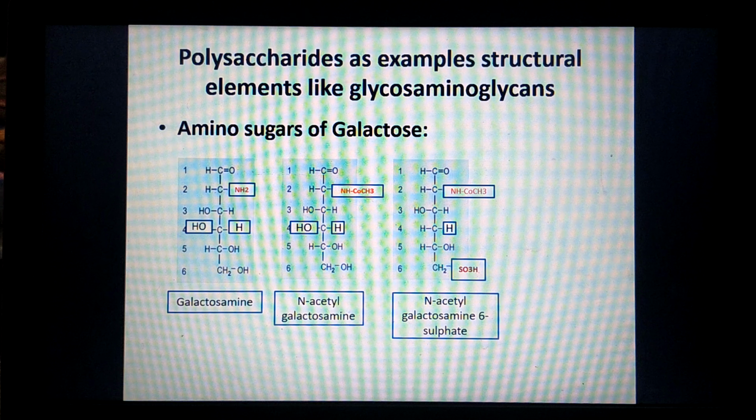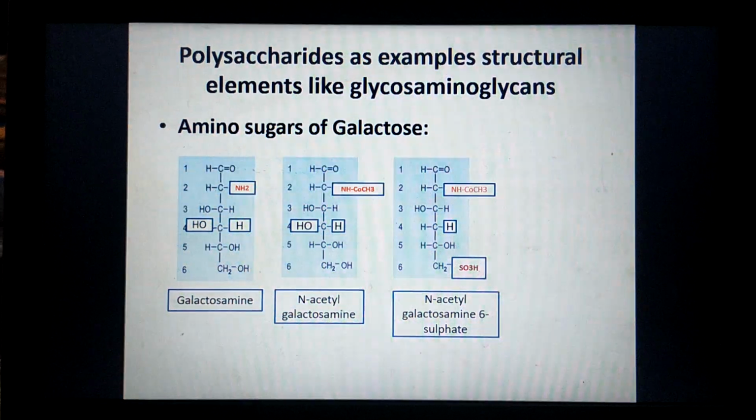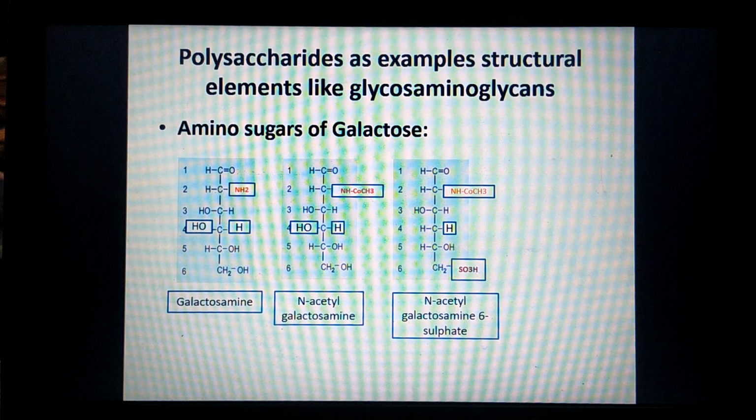And in the third figure, sulfate group is attached to the sixth carbon plus amino group and acetyl group at second carbon. Such galactose is called as N-acetyl galactosamine 6-sulfate. So these are the various amino sugars found in glycosaminoglycans.